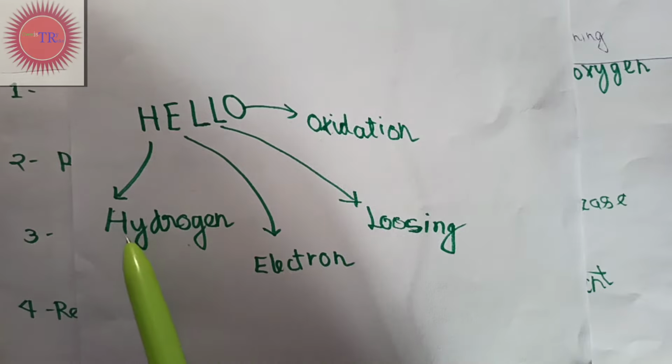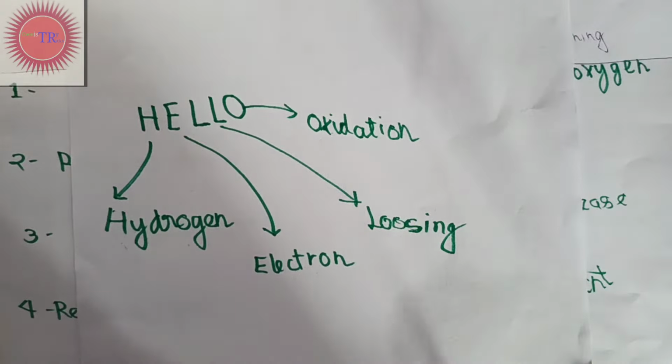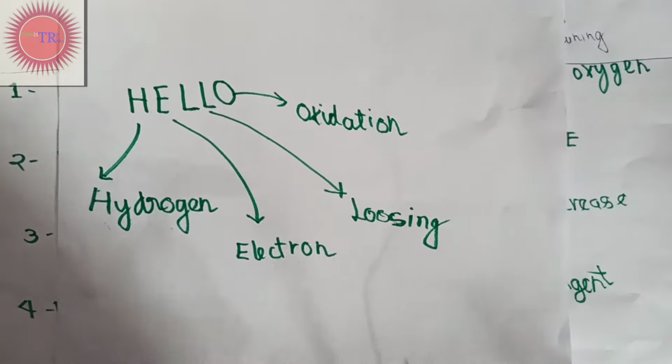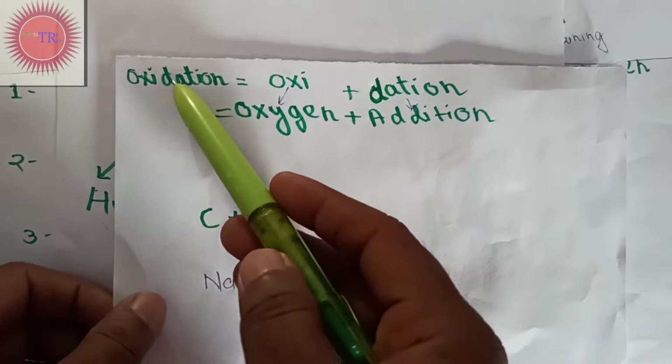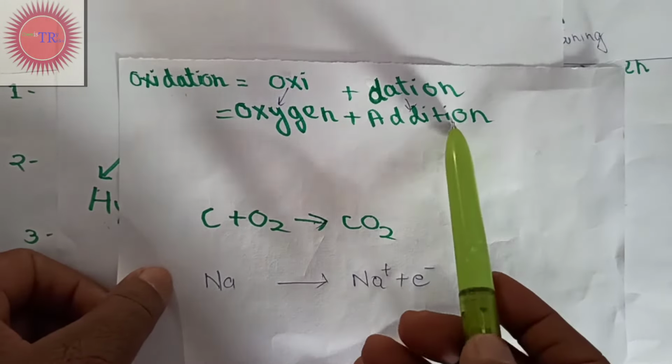It means hydrogen, electron losing. If any element loses hydrogen, it is oxidation. If any element loses electron, then it is also oxidation. And by the name, the word oxidation means addition of oxygen.